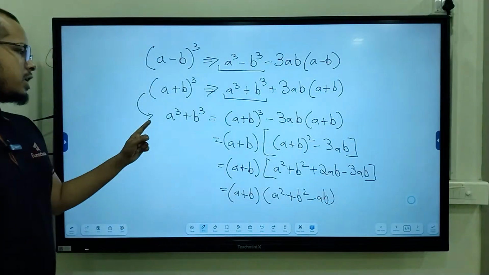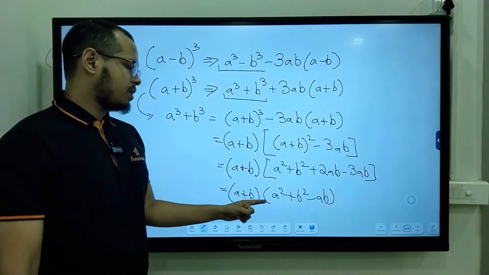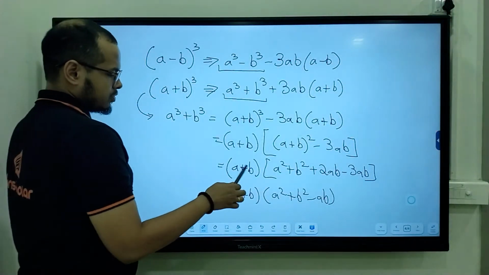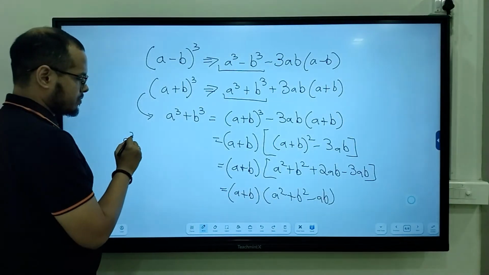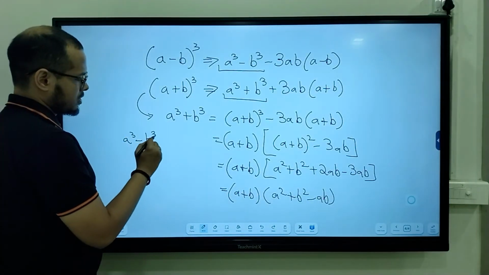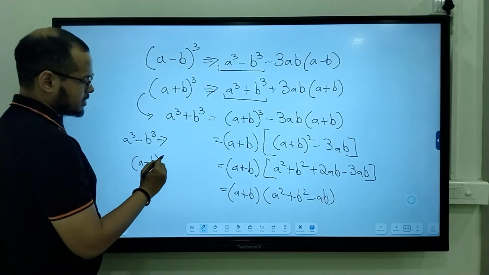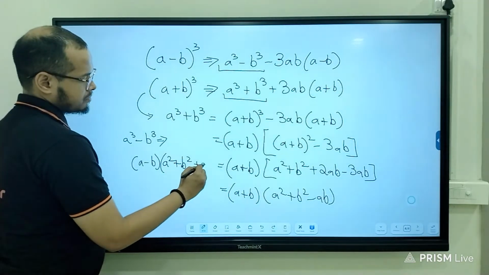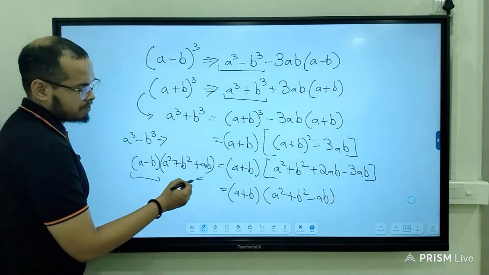So a cube plus b cube gives us the value (a plus b)(a square plus b square minus ab). Now from this only, the value for a cube minus b cube is going to be (a minus b)(a square plus b square plus ab). The sign will be minus in the first bracket and there will be a plus sign in the second.